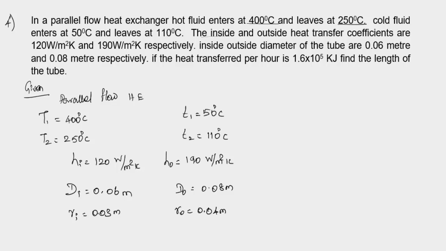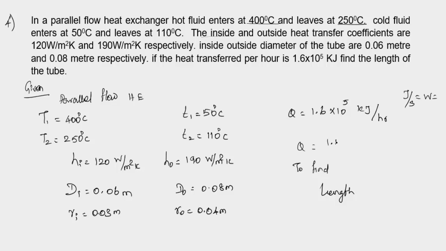In the problem itself they are giving the value of Q. So Q equal to 1.6 into 10 to the power 5 kilojoule per hour. So to find the length of the tube, Q has to be converted into watts. You know that watts is equal to joule per second.